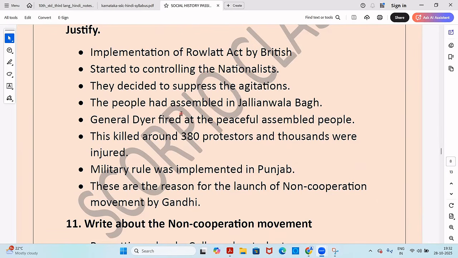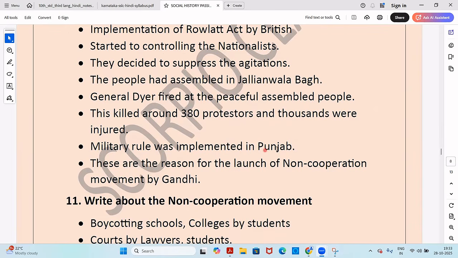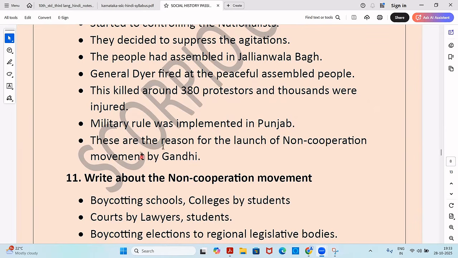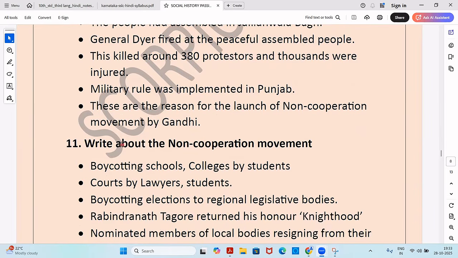The people had assembled in Jallianwala Bagh. General Dyer fired at the peaceful assembled people. This killed around 380 protesters and thousands were injured. Military rule was implemented in Punjab. These are the reasons for the launch of the non-cooperation movement by Gandhi.